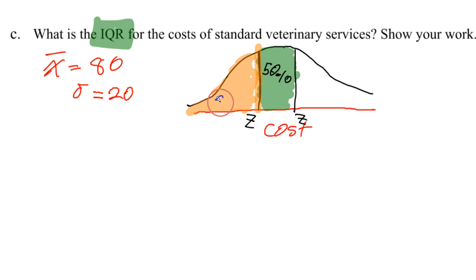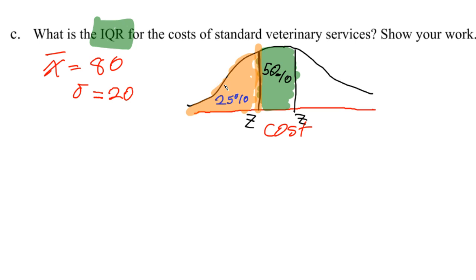So this right here would be 25%. I'm going to use my z-score table to find what z-score has 75% of the curve below it.